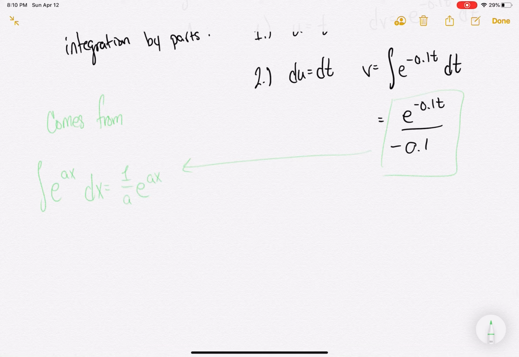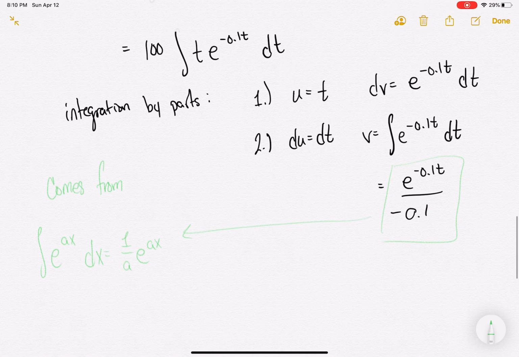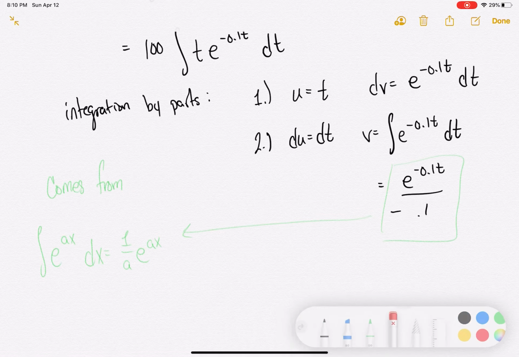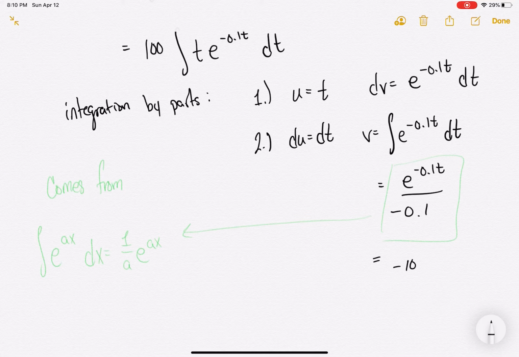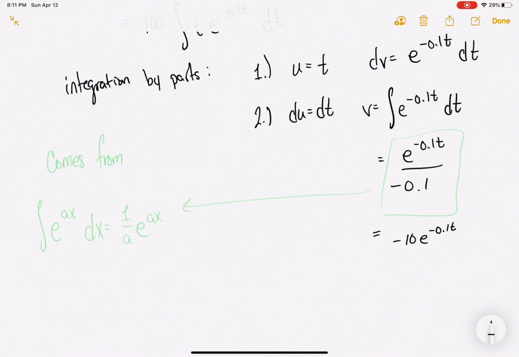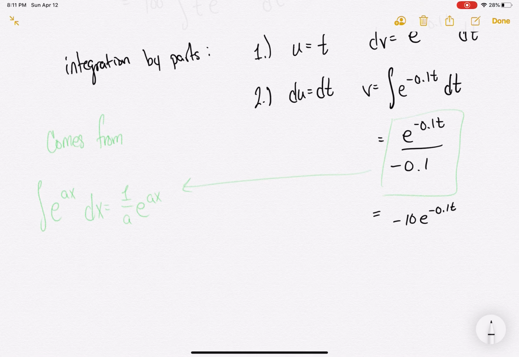That's a really important formula to remember. It comes from u substitution as well. So if you want to remember it as u substitution, go right ahead. This is alternatively negative 10 e to the negative 0.1 t. It just saves you so much time to use that expression instead. And that's why I put it on your exam.